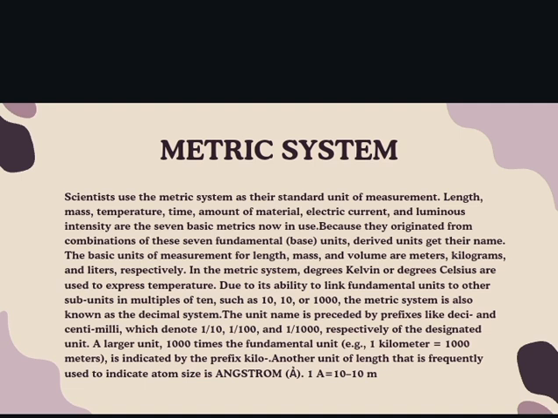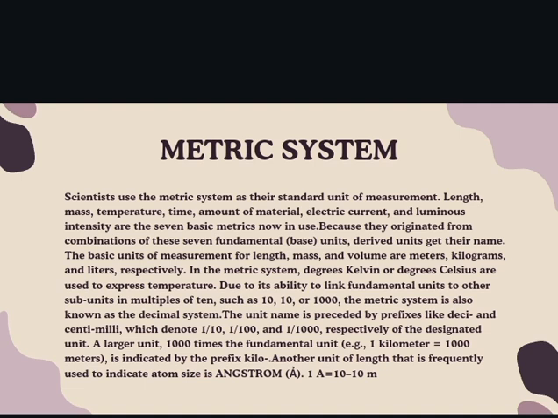Metric system. Scientists use the metric system as their standard unit of measurement. Length, mass, temperature, time, amount of material, electric current, and luminous intensity are the 7 basic metrics now in use.